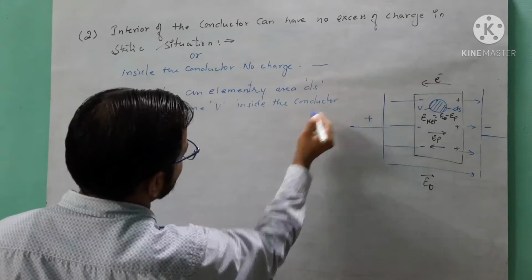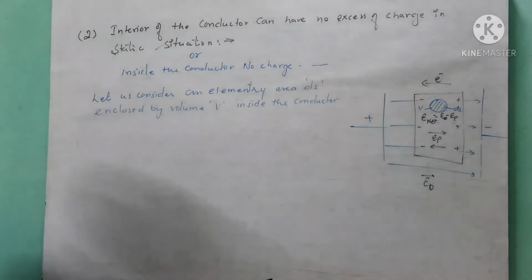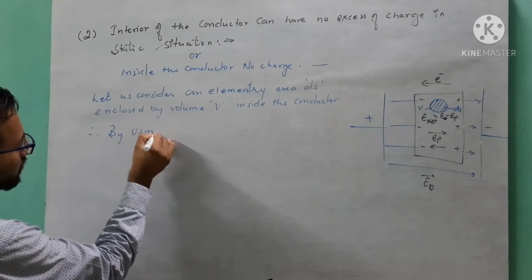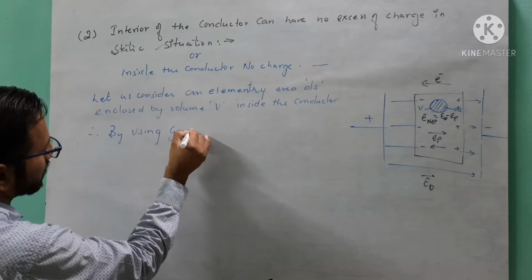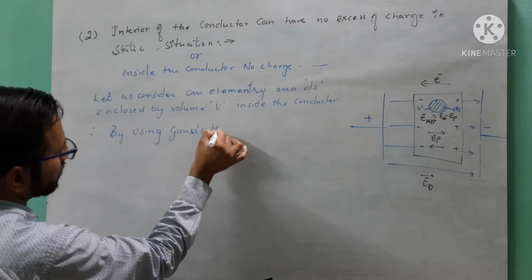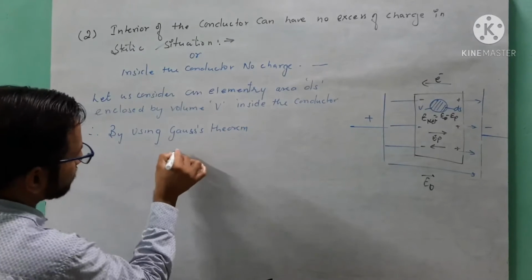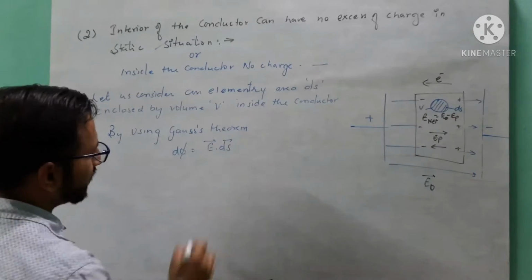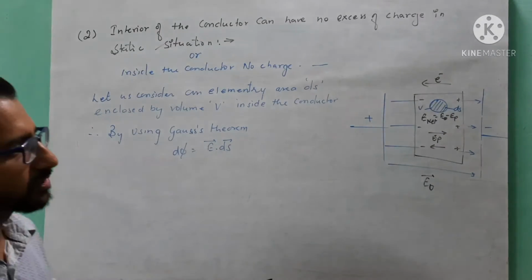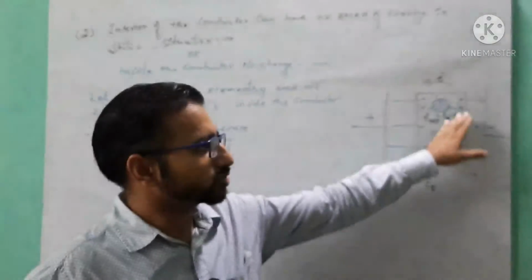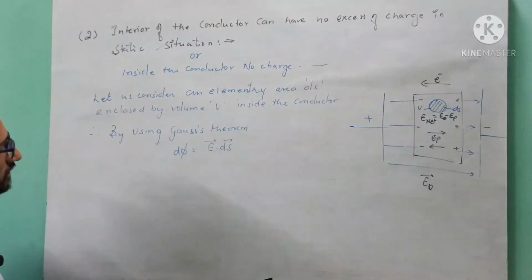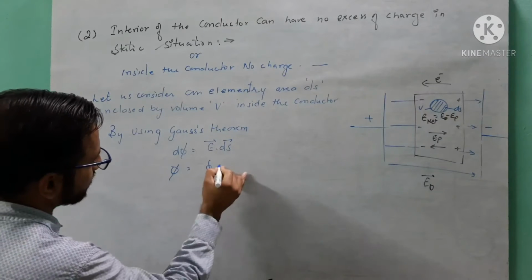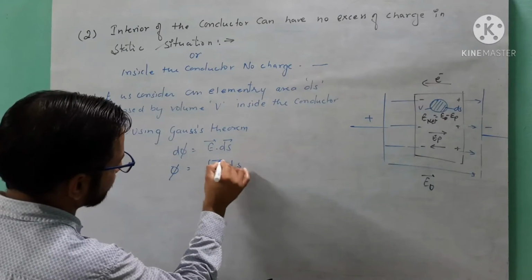By using Gauss theorem, d phi is equal to E dot ds, and for the whole surface S we take the surface integral of E dot ds.